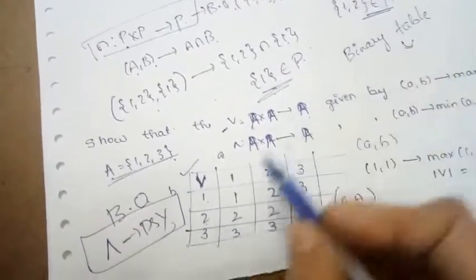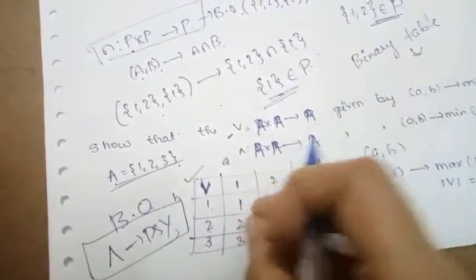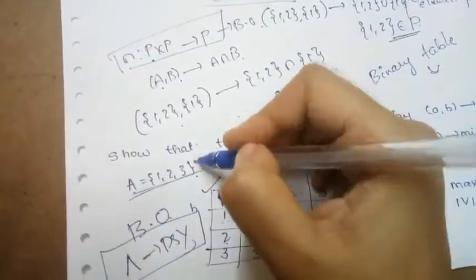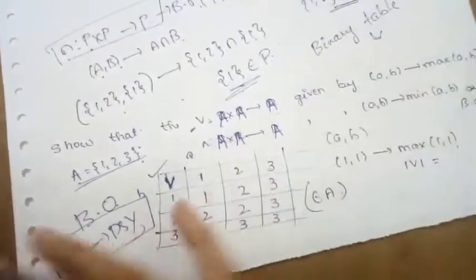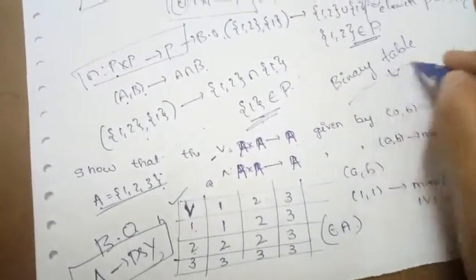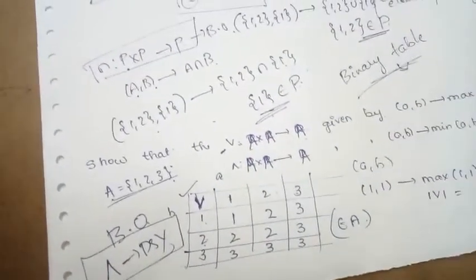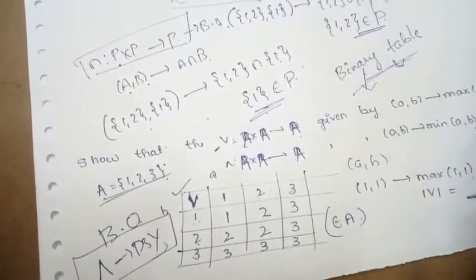So the agenda is clear: whatever elements we get within the table, if they belong to the given set itself, then it is a binary operation. This is how we prove the given operation is a binary operation through the binary table.